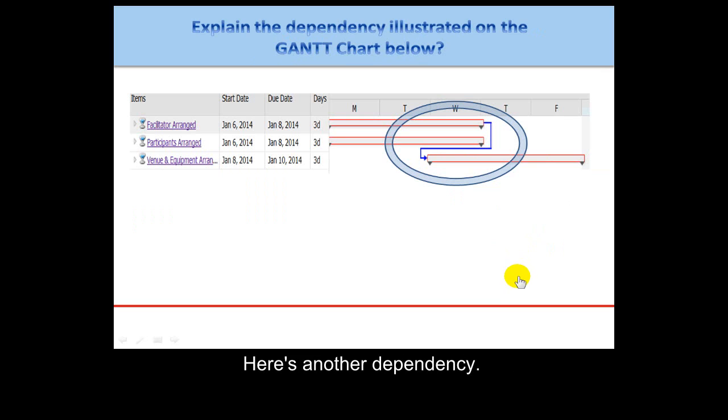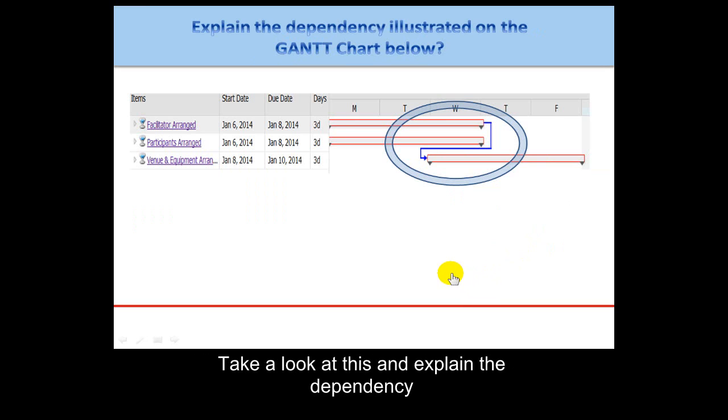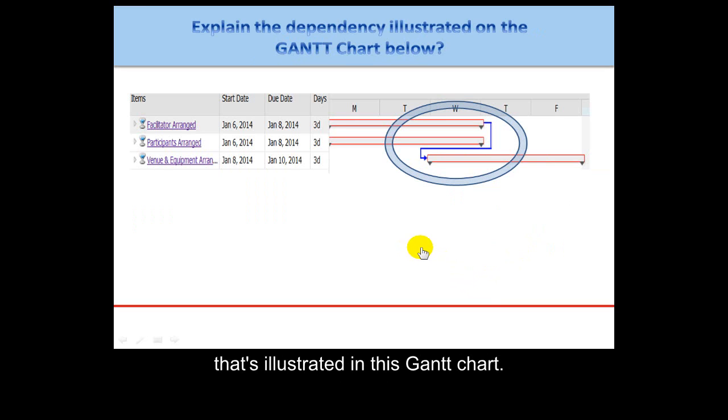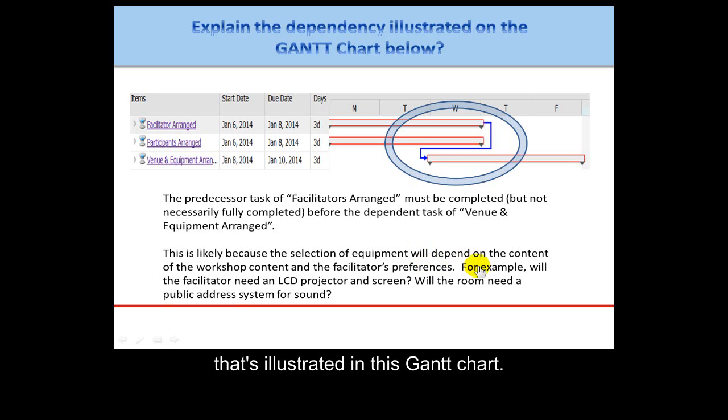Here's another dependency. This one happens to be at the milestone level. So take a look at this and explain the dependency that's illustrated in this Gantt chart. What it is, is the predecessor task of the facilitators arranged.